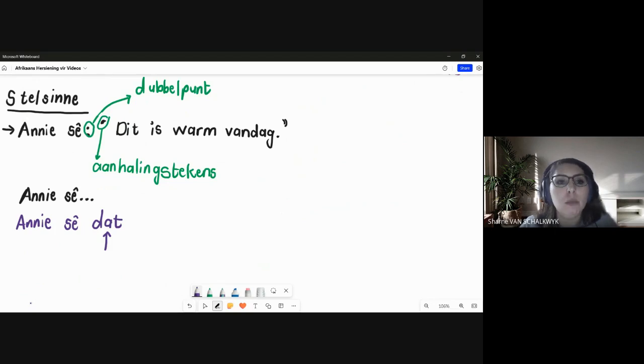So we're going to remove the dubbelpunt. We're going to remove the aanhalingstekens. So that's not going to be in our answer. We don't have any pronouns there. I'll change the sentence so that there's a pronoun in the next example. But there's our verb 1. So number 3 says move your verb 1 to the back. Sê dat dit warm vandag is.